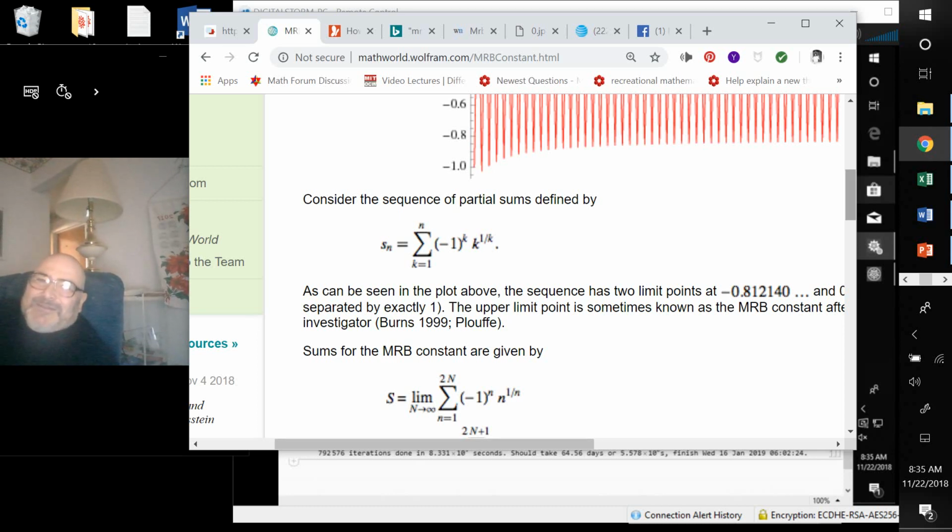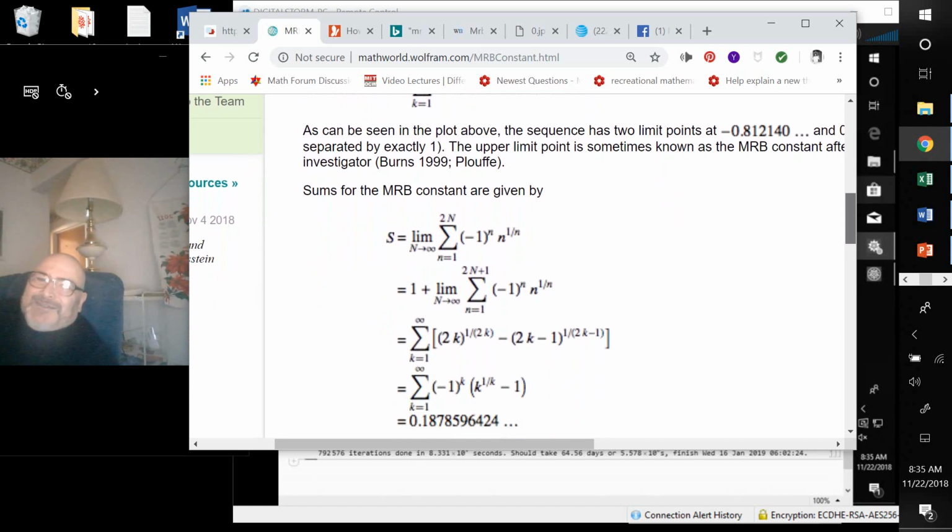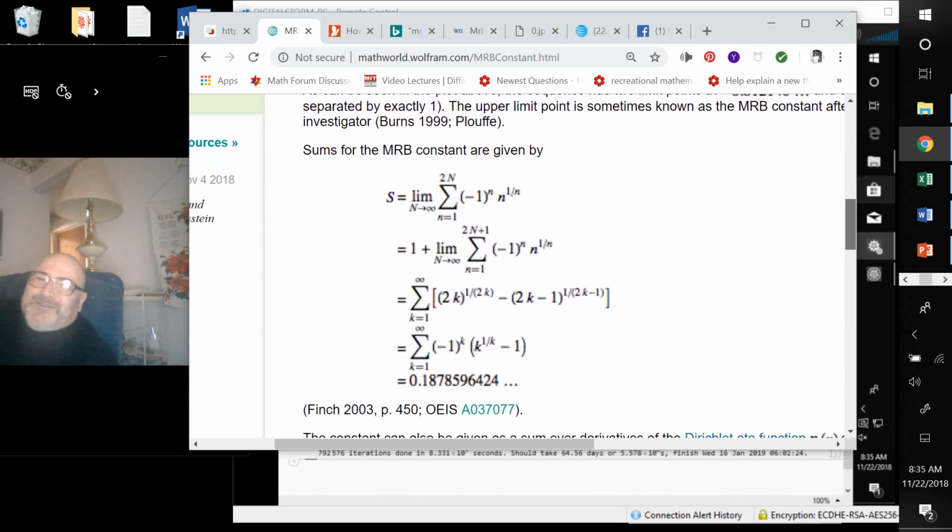Okay. Now, the MRB constant can be found various other ways through various methods of summing. The one we talked about was this first one, where it's blue right now.